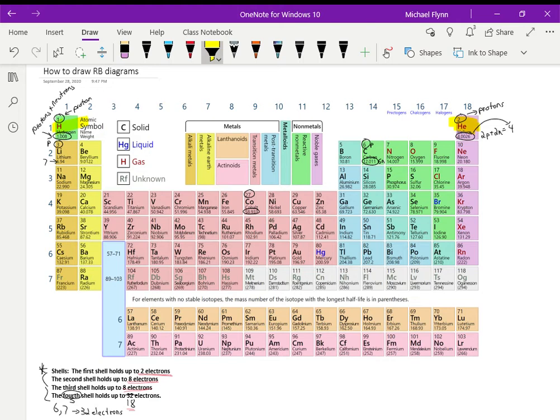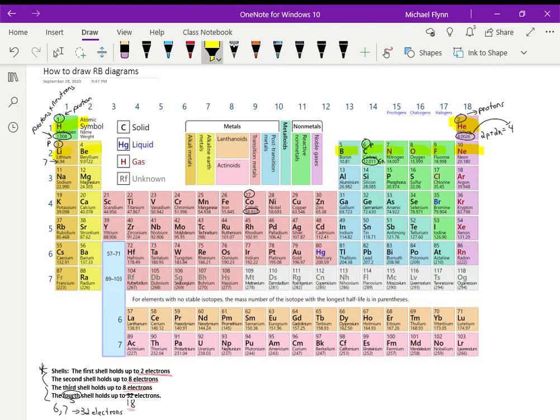Up to 2. Well, how many elements are there in the first row? 2. That's not a coincidence. All right, the second shell holds 8. Well, guess how many elements are in the second period, in the second row? There is 1, 2, 3, 4, 5, 6, 7, 8. 8 electrons, 8 elements in the second period.